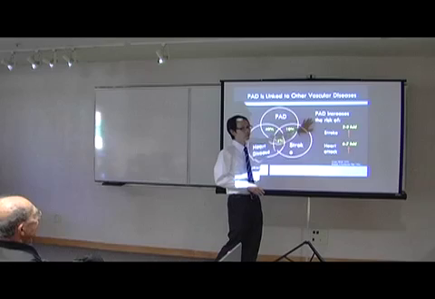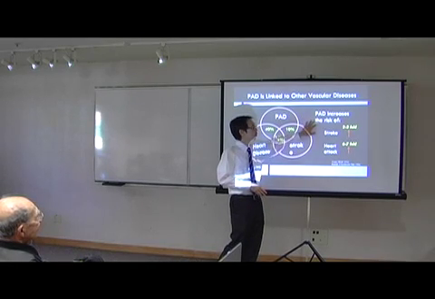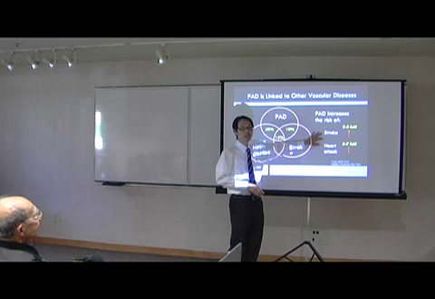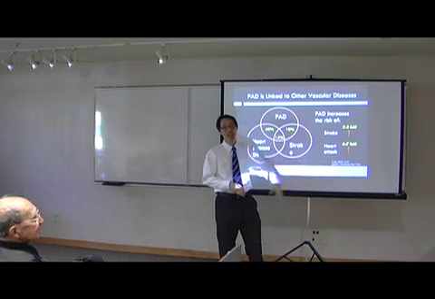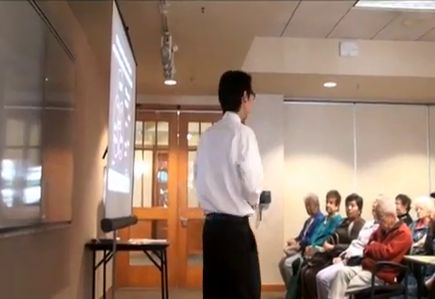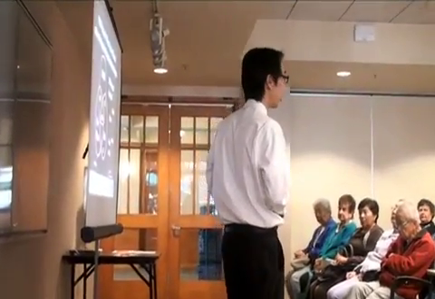They're all somewhat linked, okay? And if you have peripheral arterial disease, your risk of having a stroke in your lifetime is increased 2 to 3-fold. Your risk of having a heart attack is increased 6 to 7-fold.